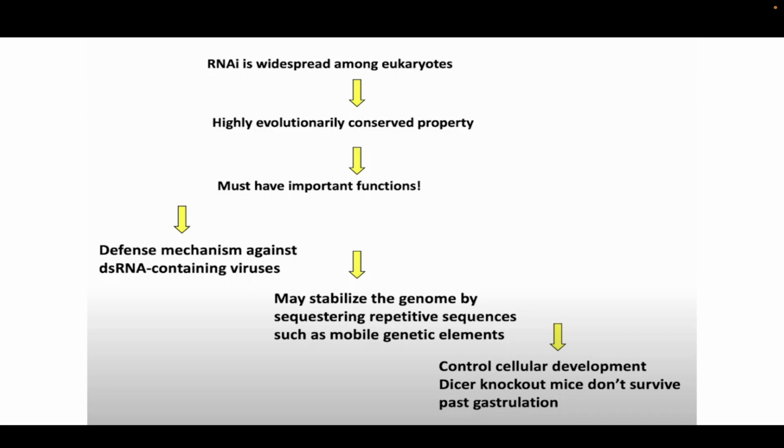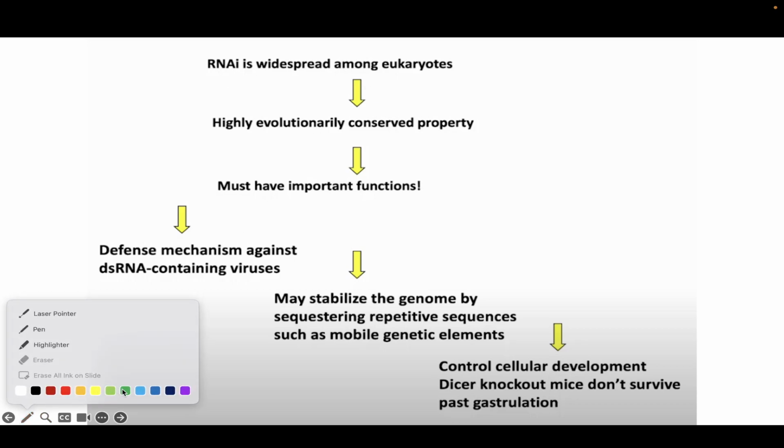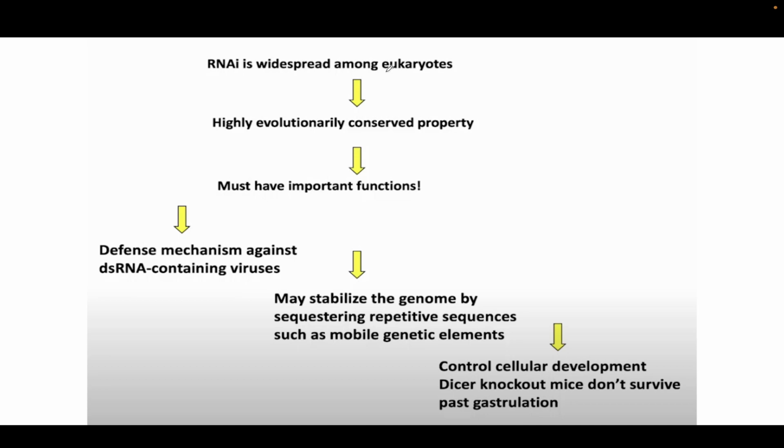Okay, let's see. RNAi is widespread among eukaryotes and is a highly evolutionarily conserved property and must have important functions. So why is it related to evolution? Because it relates its theory to the first RNA world.